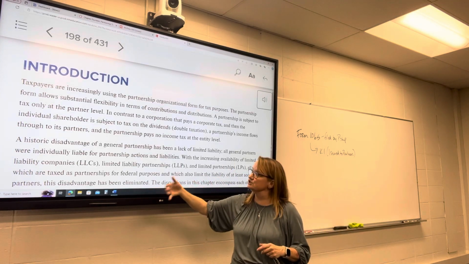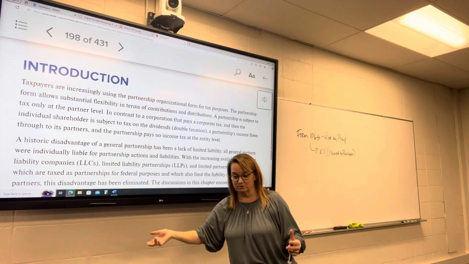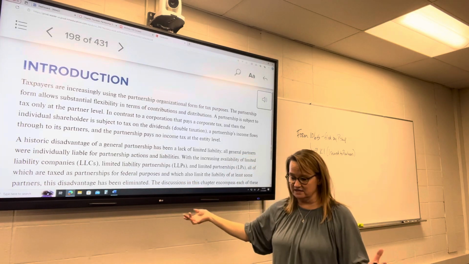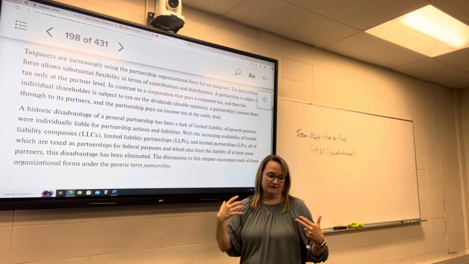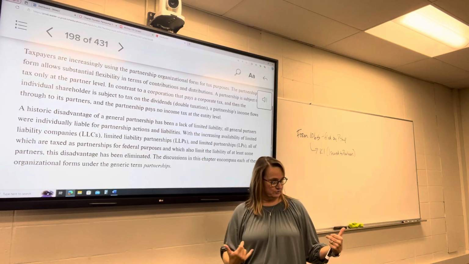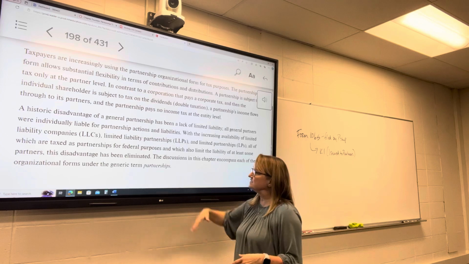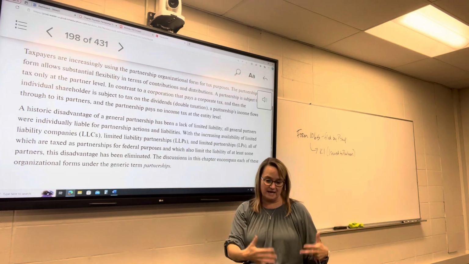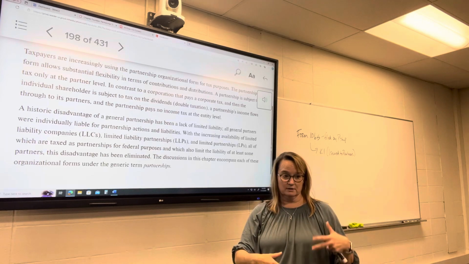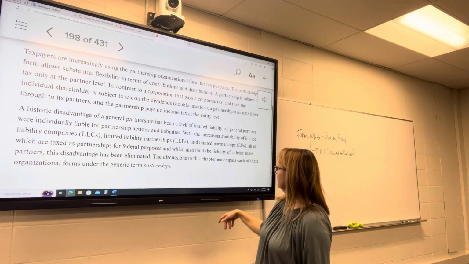Like I said, the advantage is it's easy, it's automatically created when you go into business with somebody, but the disadvantage is if bad things happen, they can come after your personal assets, unless you create a limited liability partnership, which sets up that barrier between the individual and the partnership itself.